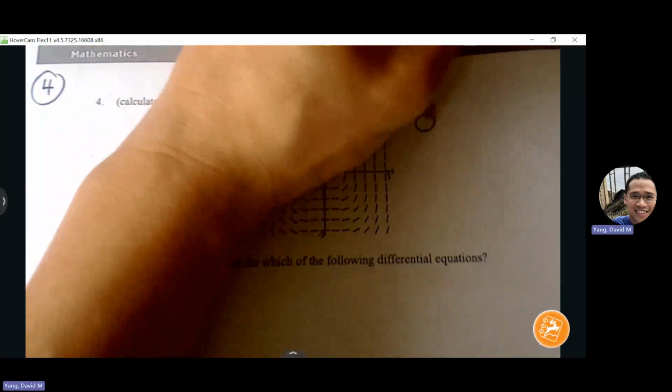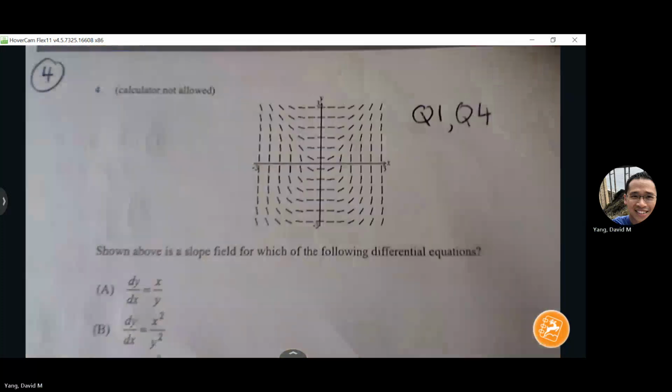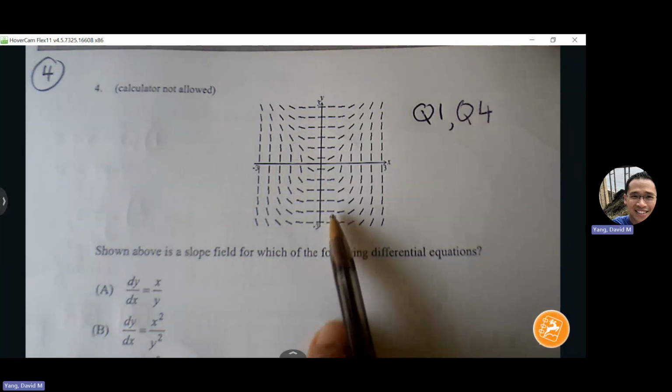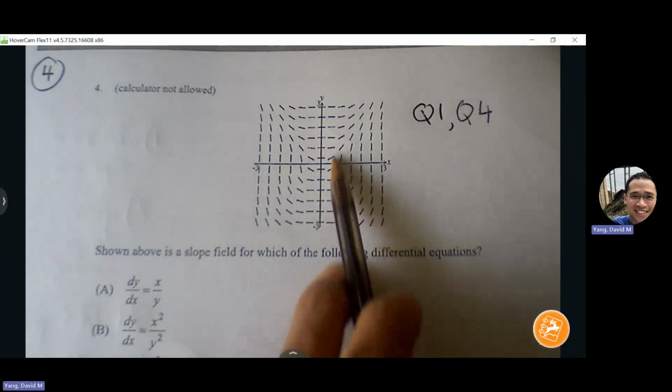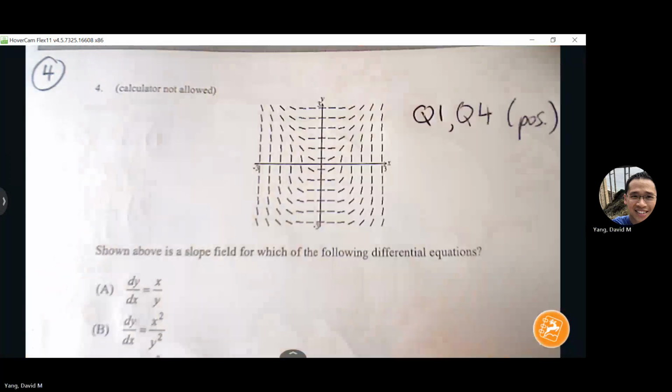So what do you notice about quadrant 1 and quadrant 4? Yeah, mostly positive, right? I think even these are positive because these are just very gradual slopes, but it looks like quadrant 1 and quadrant 4 have mainly positive slopes.